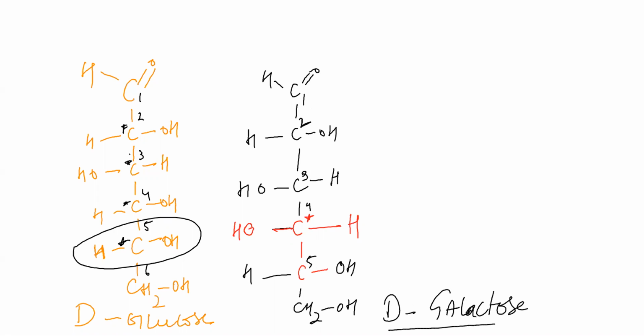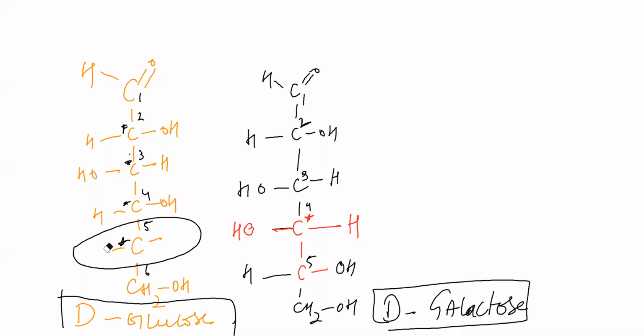And if we see the difference between D-galactose and D-glucose, these two structures are quite different here. Let me draw it here. H and H. The rest of the structures are the same: 2 is the same, 3 is the same, but they differ only at carbon number 4.